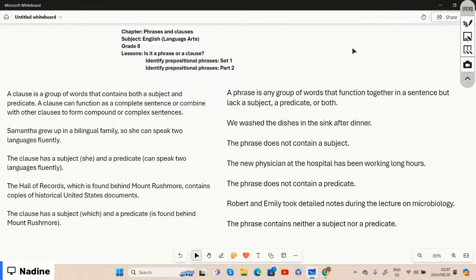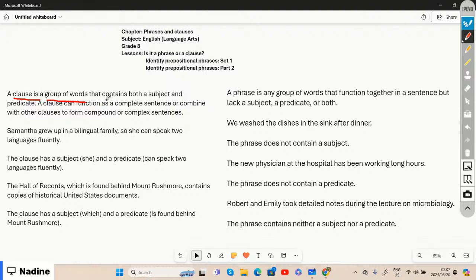All right. So when we look at phrases and clauses, we can say that a clause is a group of words and it contains both a subject and a predicate.